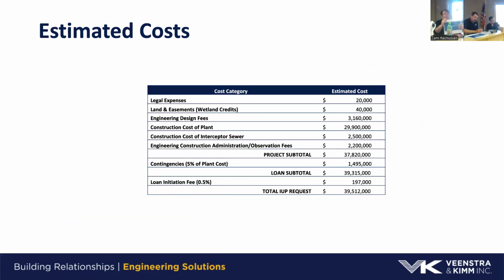Then the last slide here is just a summary of the estimated costs. I think we have allowances in there for some of the wetland credits that we talked about. There's engineering and design fees, but the cost of the plant hasn't changed a whole lot as of yet.